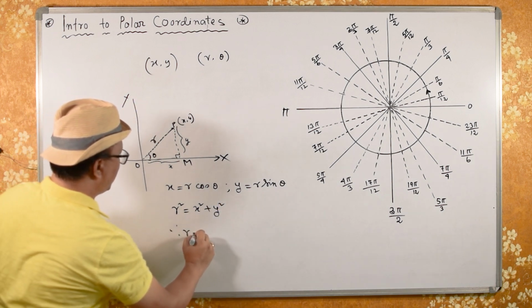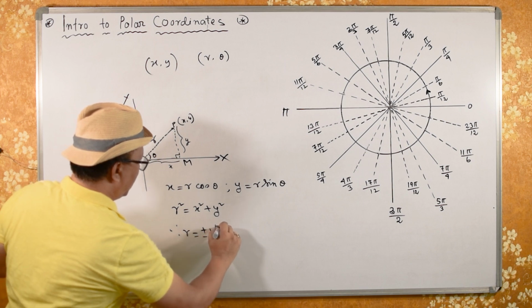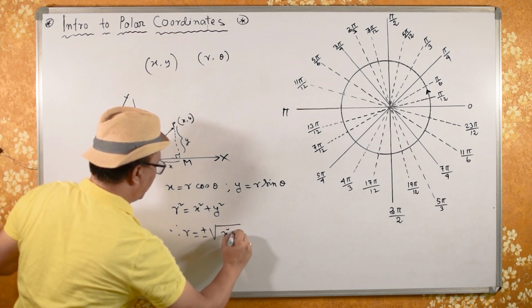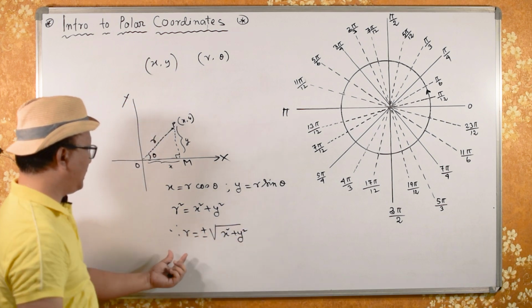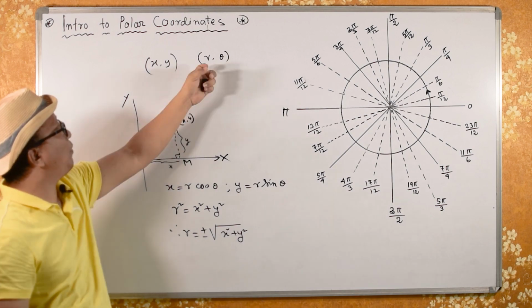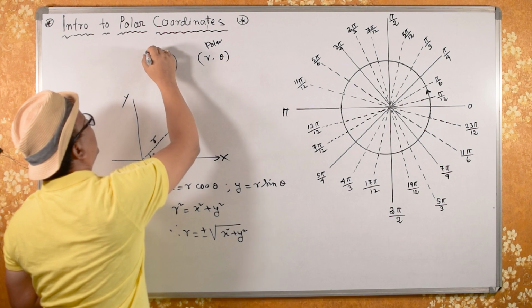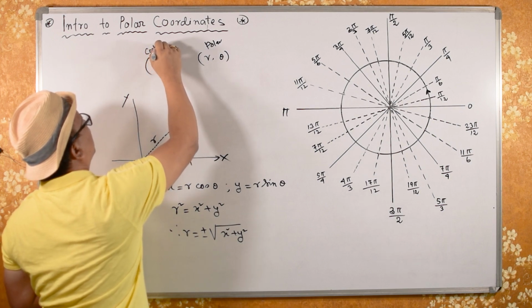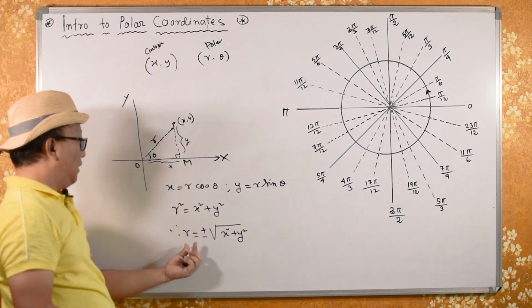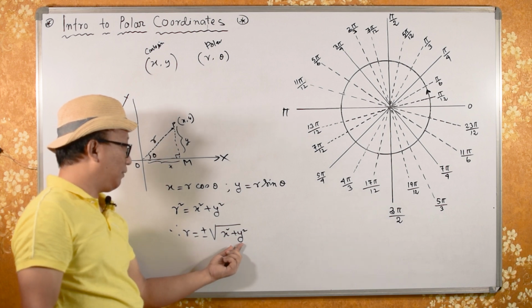Therefore, r equals plus or minus square root of x squared plus y squared. This is the polar form and this is the Cartesian form. From polar you can convert to Cartesian, or vice versa.